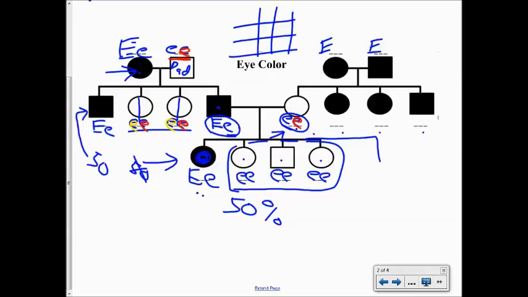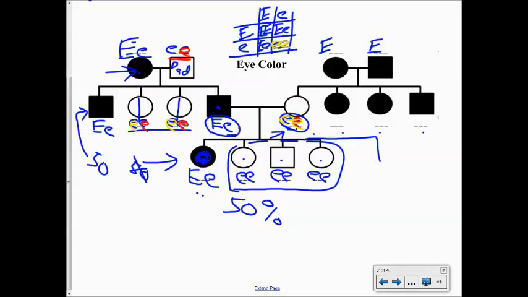increase our odds of getting the little e by making both parents heterozygous. And now I get big E here, big E, little e here, big E, little e here, and little e here. Now we see this one recessive shows up right here.